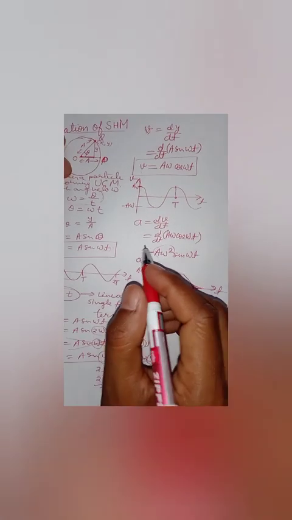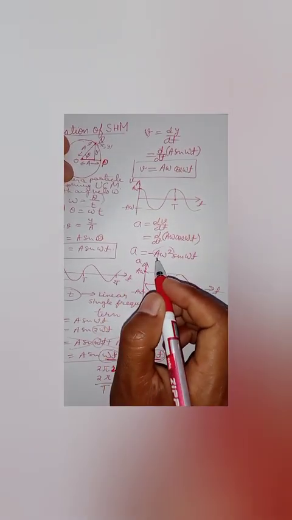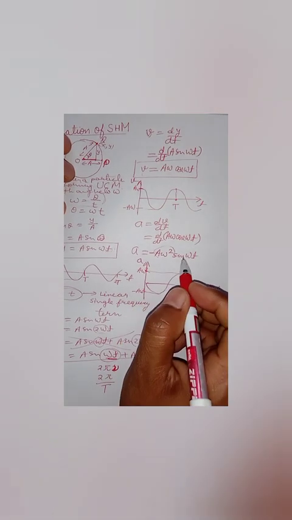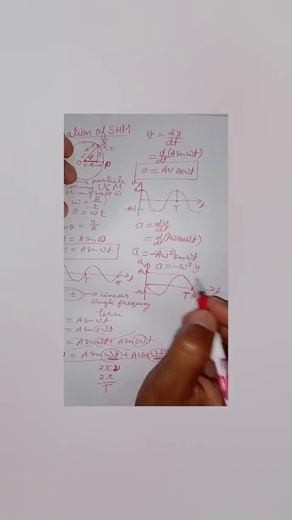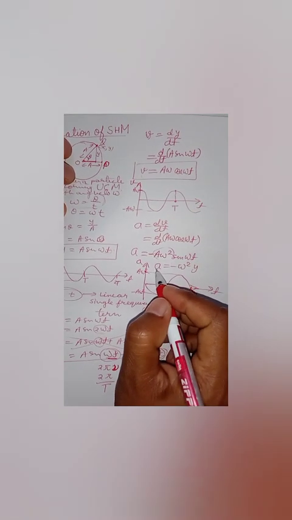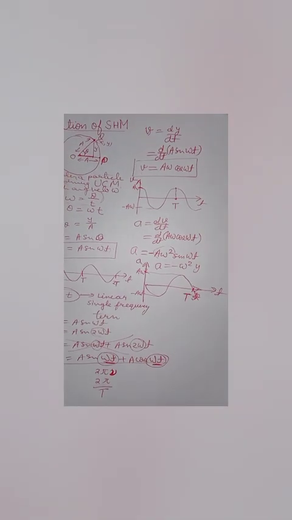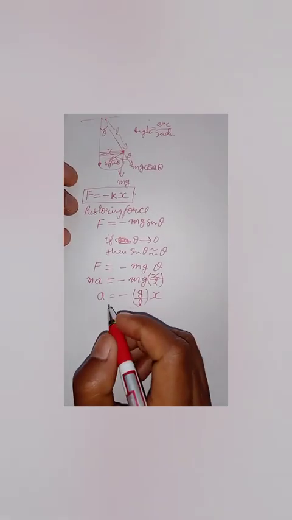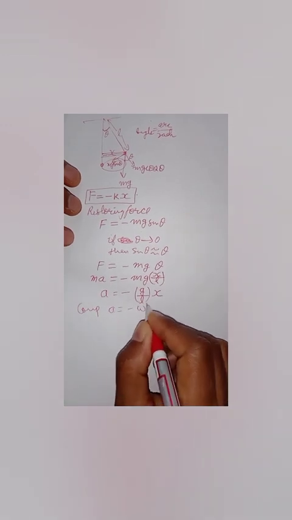So here we have seen that in simple harmonic motion, a is equal to minus omega square y or x, whatever, acceleration is proportional to displacement, and the remaining is omega square. So same will be here, comparing it with a equal to minus omega square x.